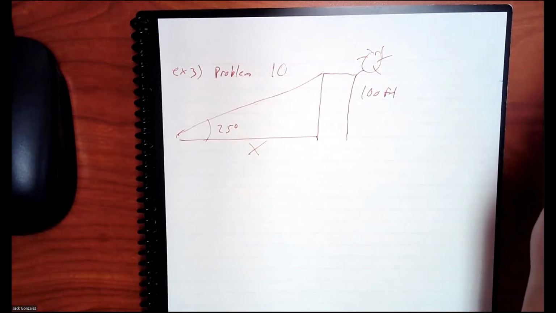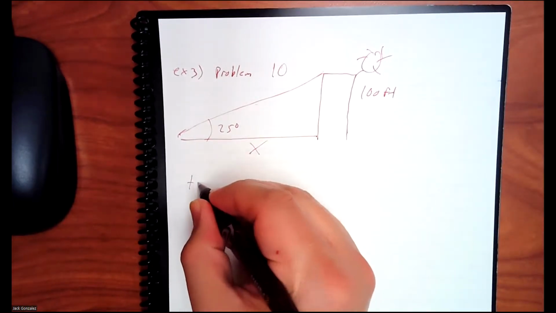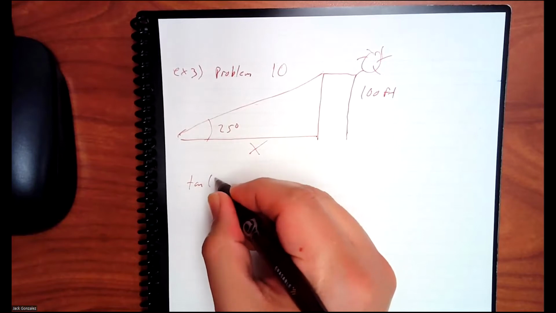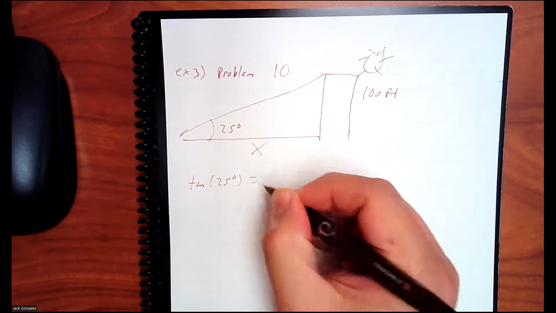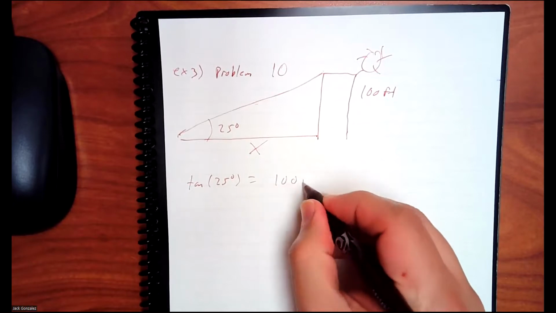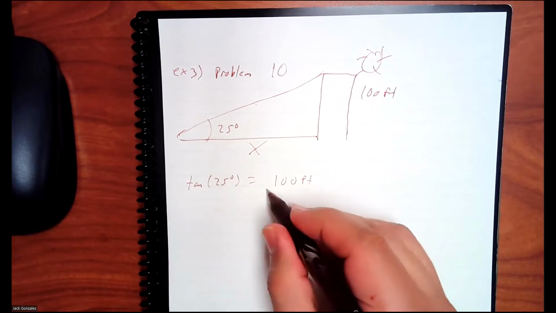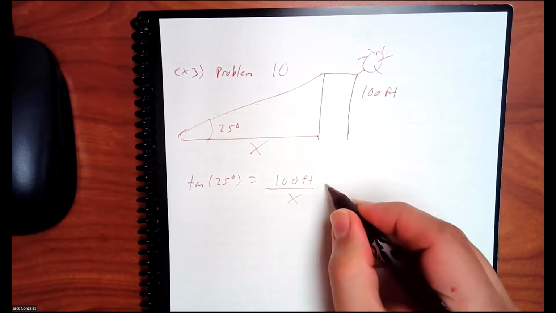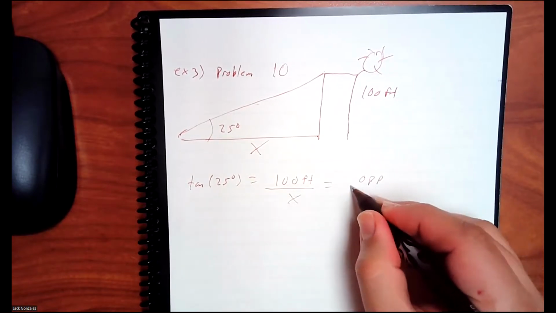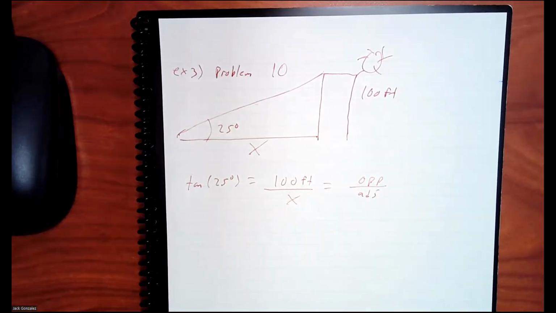You see why we're choosing it? Because tangent of 25 degrees would be equal to the 100 feet opposite over the adjacent side. So remember the definition, the whole SOHCAHTOA thing.